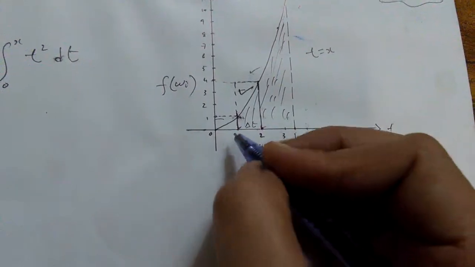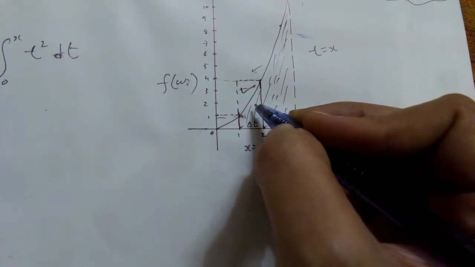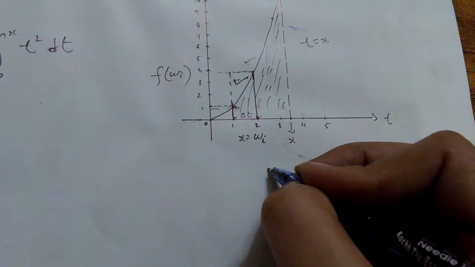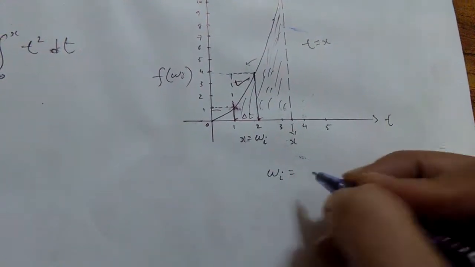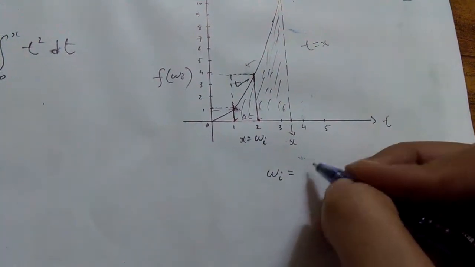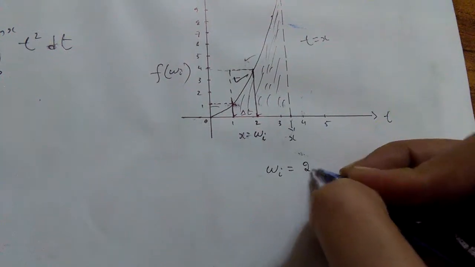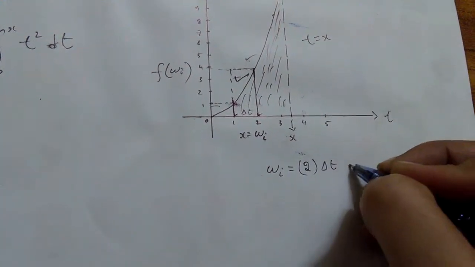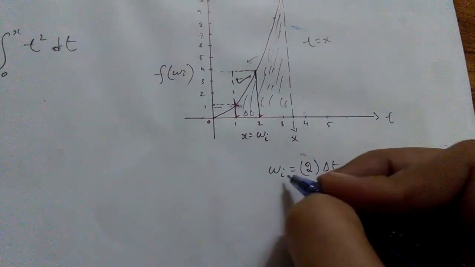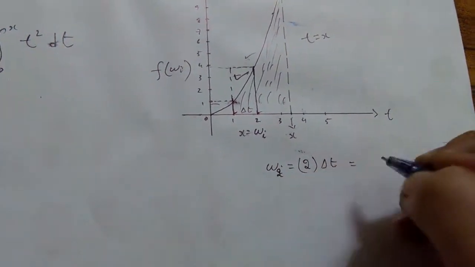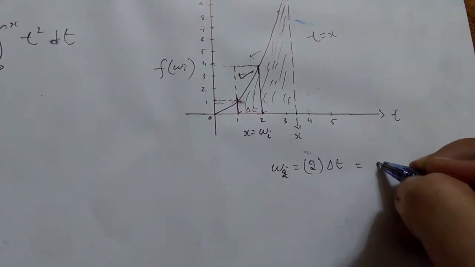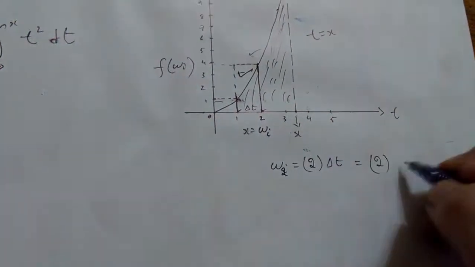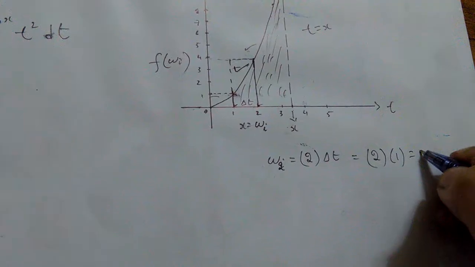It is rectangle number 2, so it can be expressed as 2 multiplied with del t, and this is w2. The del t value is 1 because its width is 1 unit, so that's how I'm getting 2 here.